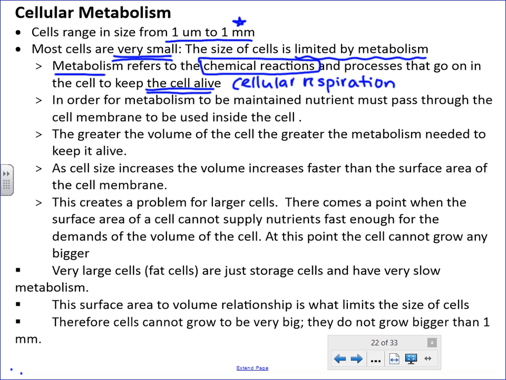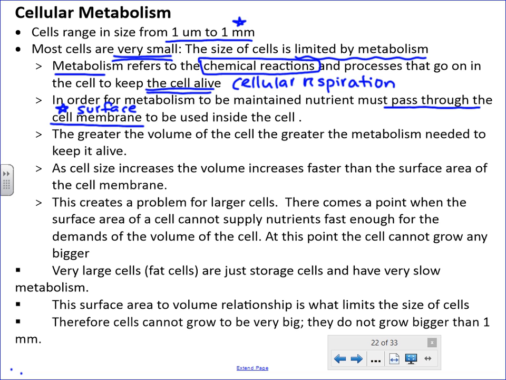And so in order for metabolism, a chemical reaction like cellular respiration, to be maintained, nutrients must pass through the cell membrane. The cell membrane is the surface of the cell. So when we're measuring the surface area of a cell, what we're really measuring is how much cell membrane there is.